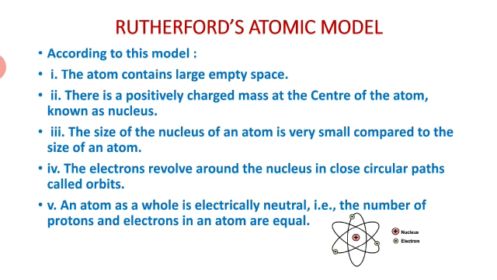Similarly, in an atom, the nucleus contains the main mass and the electrons revolve around it in orbits or shells. So Rutherford considered the model of the atom to be somewhat like that of the solar system. Is it clear, students?